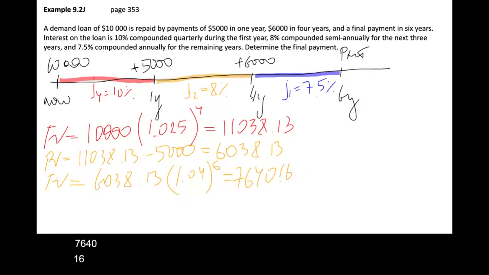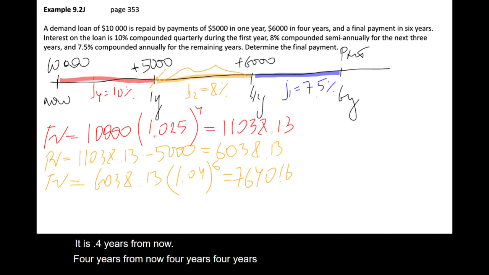Why 3 years? Okay, what is this interval length? Amara. It is the point of 4 years from now. 4 years from now, 4 years. But in between year 1 and year 4, I have 3 years only.